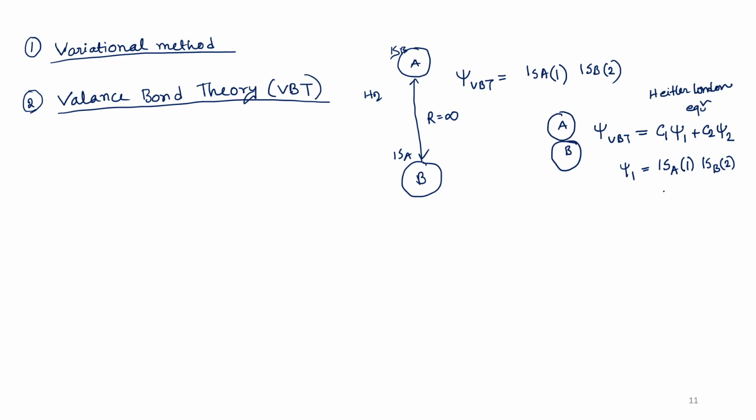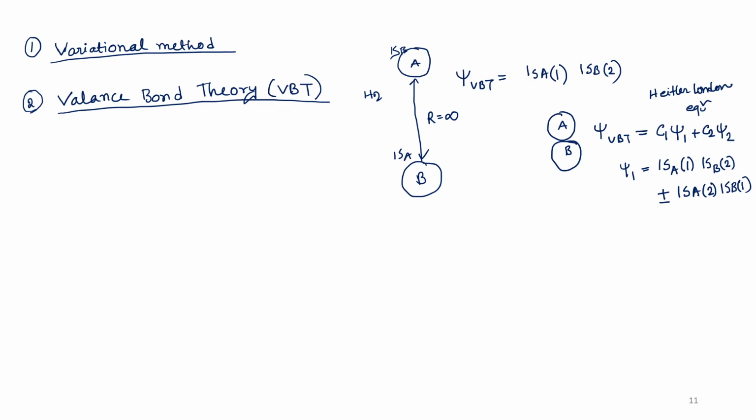And in another case, as the electrons are indistinguishable, the second electron is in the A atom and the first electron is in this B atom.